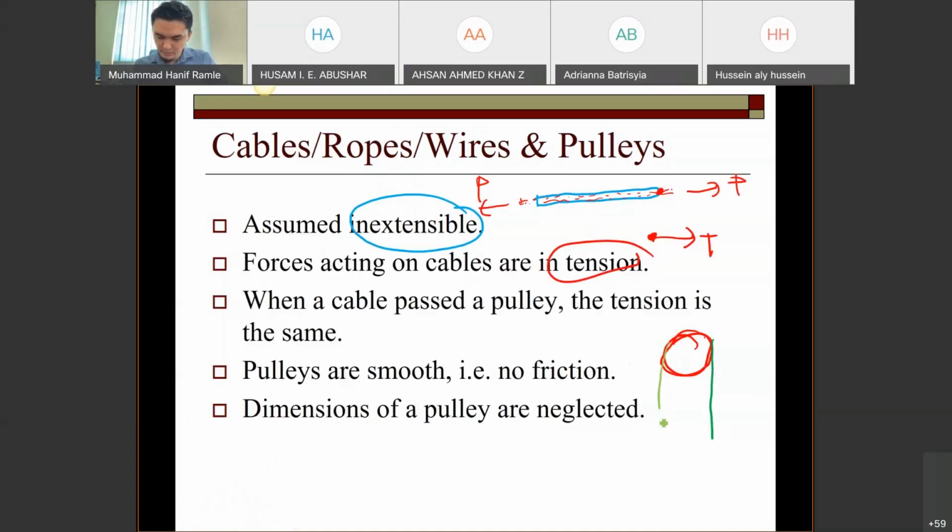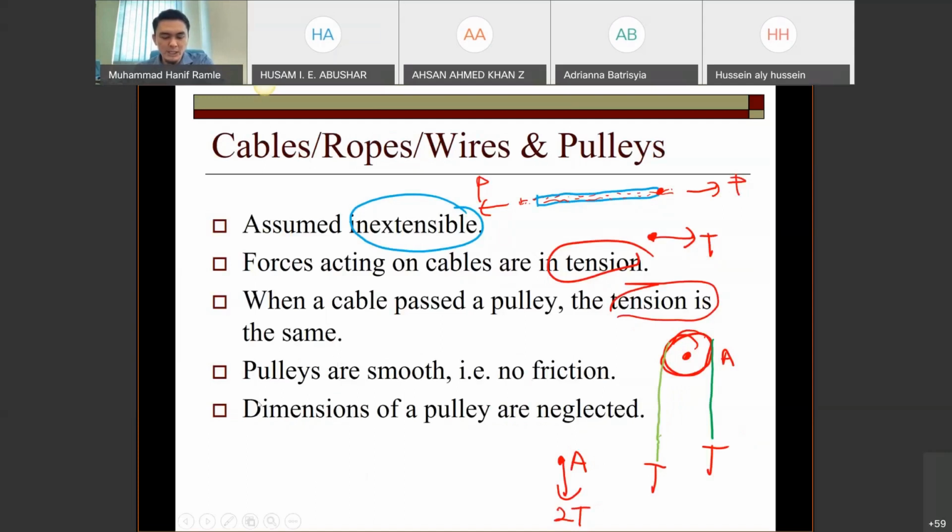And then if you draw the FBD of the pulley, you will get this FBD. The tension is the same. 2T, for example, this T and this T. The magnitude of T will be the same.